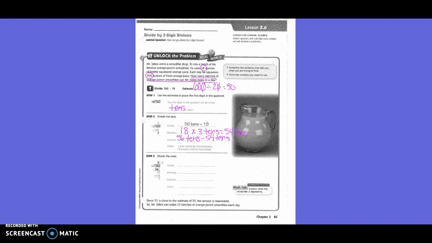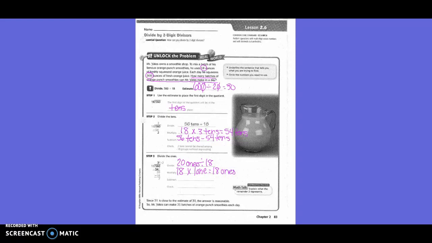And then it said that 2 could not be shared, so then they had to drop down, right? Then they divided again, so they had 21 divided by 18. And then they multiplied 18 times 1, which equals 18 ones.